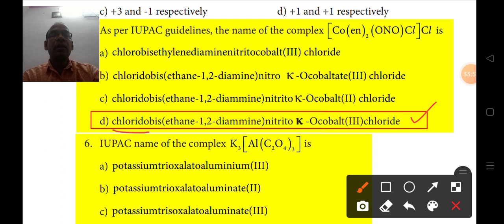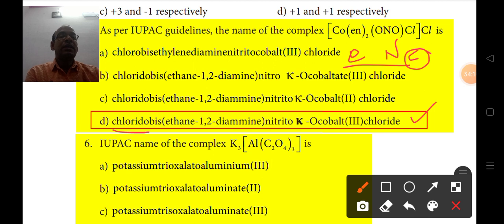Why chlorido comes first: it is alphabetical order. Chlorido Cl, nitrito N, ethane diamine E. In alphabetical order, the first ligand comes under C. Second in alphabetical order, first chlorido, second ethane-1,2-diamine, third N, that is nitrito.